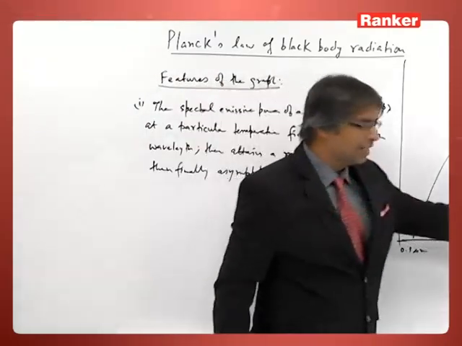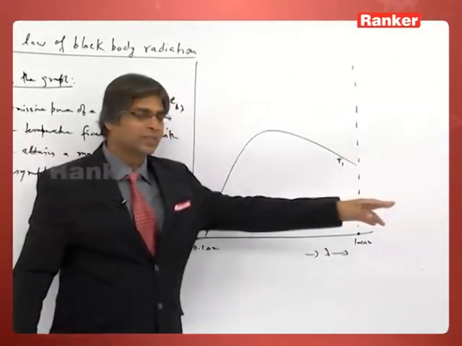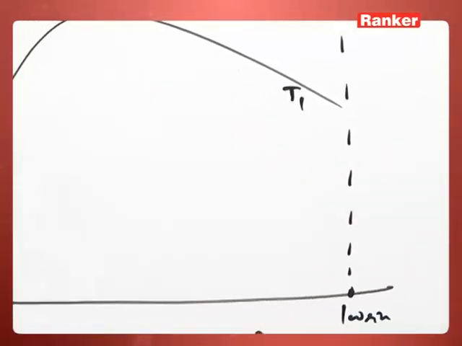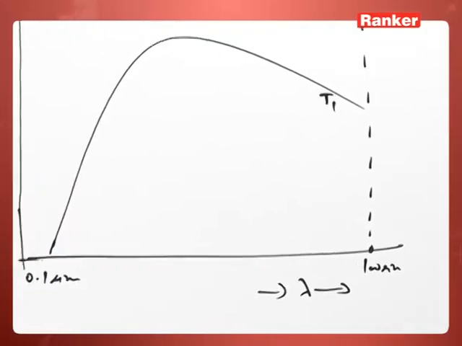When lambda becomes very large, it decreases to 0. This is the first point.